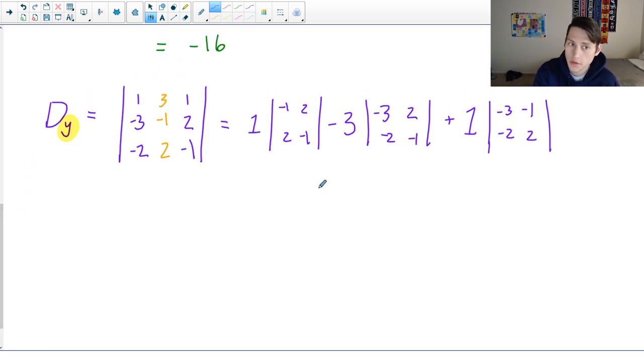Because the formula for determinant just has a minus sign here. Okay, so 1. And then it's just doing the determinant of a 2 by 2. -1 times -1 is +1. 1 minus 2 times 2, so 1 minus 4 is -3.